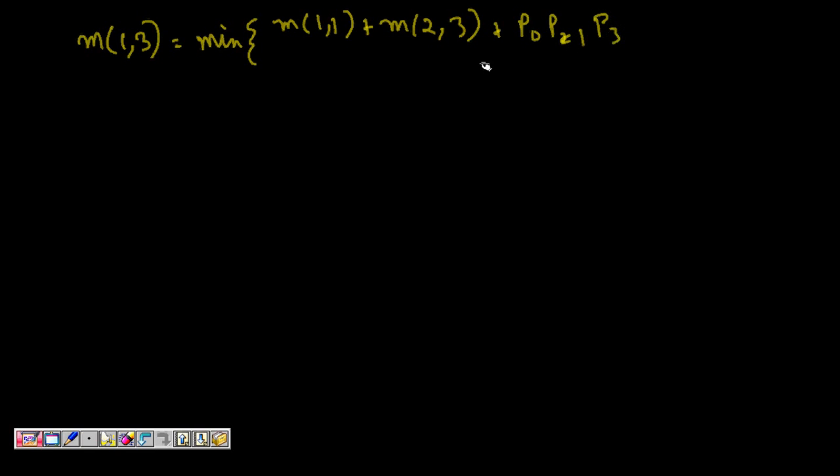Okay, and the other one will be M1 comma 2, so k is 2, plus M3 comma 3 plus P0, P2, P3.